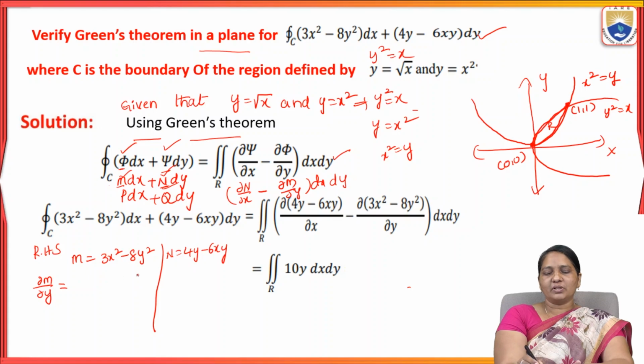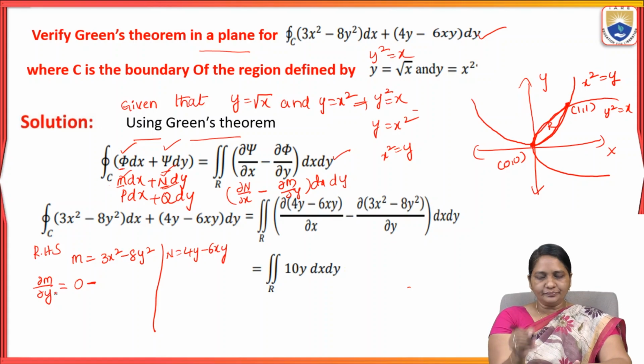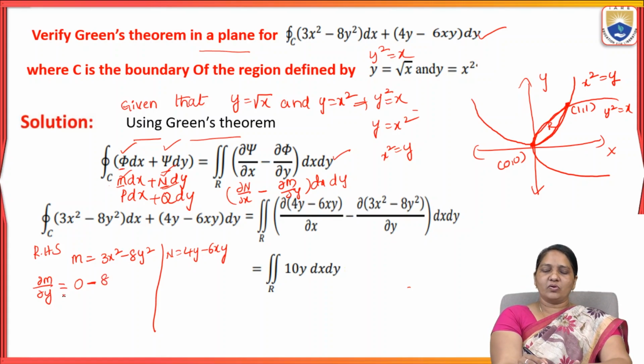Now I am going to calculate dou M by dou y, with respect to y. 3 and x square are both constants, so this is 0, minus 8 times the partial derivative of y square with respect to y, which is 2y. So this is minus 16y.